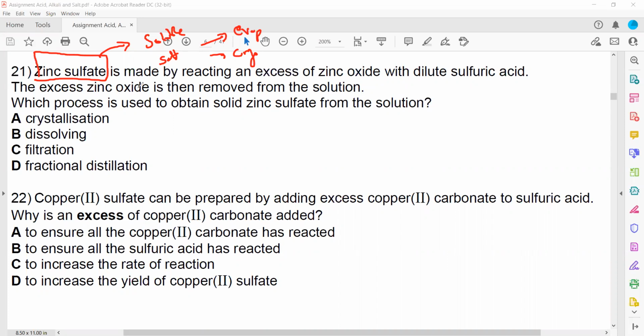The excess of zinc oxide is removed from the solution. Now which process is used to obtain zinc sulfate from the solution? If we have a soluble salt dissolved in water and we want to obtain it, which technique can be used? We can use either evaporation or crystallization. That's why A is the right answer.